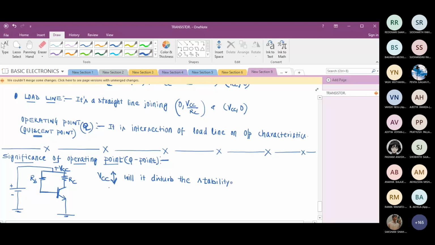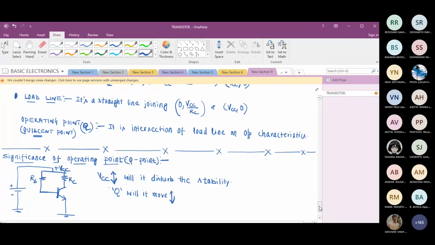In the sense, will the operating point Q move? Will the operating point Q move up and down? Will it start varying? Yes, sir. Why does it vary?